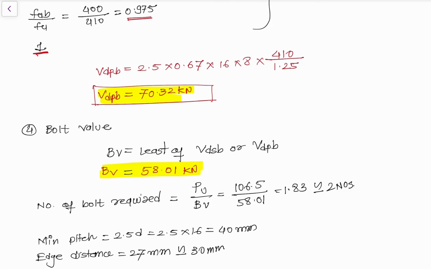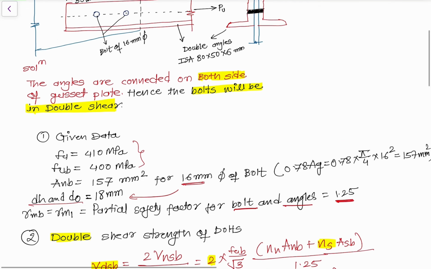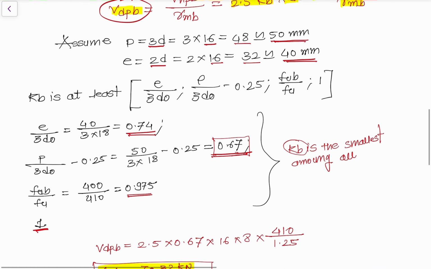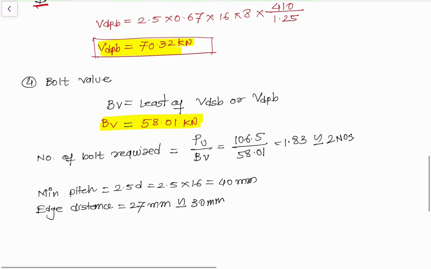Now let's calculate how many bolts we require. See guys, it is very simple. Whenever they ask you to design the number of bolts or bolt value, it means you need to calculate how many bolts you require, at what edge distance and what the pitch distance will be, right? To bind these 2 angles on a single gusset plate, the number of bolts will be calculated with respect to the bolt value.